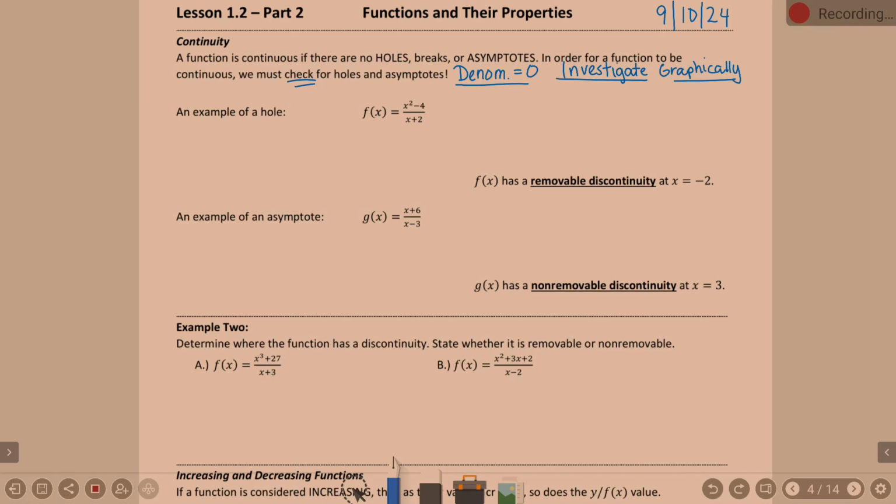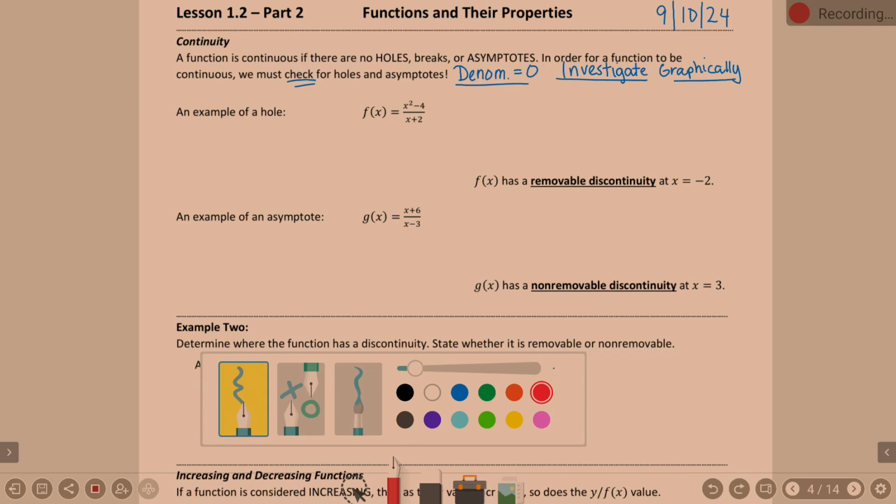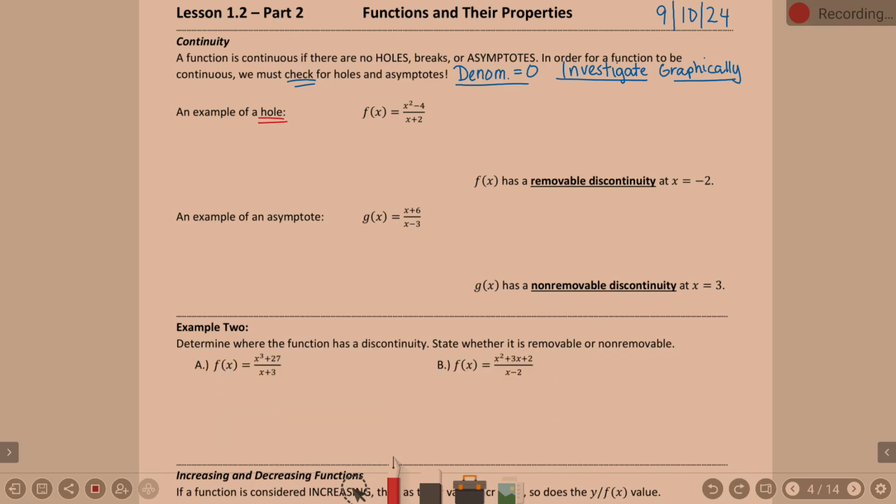So, first one here, an example of a hole. Before you do anything with these, you always want to start with denominator equal to 0. So holes and asymptotes, denominator equal to 0. What do we know here? If you set your denominator equal to 0, x plus 2 equals 0, and what do you get?